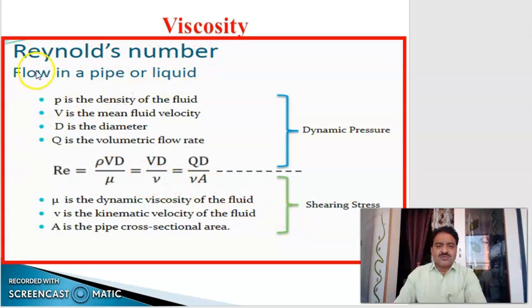Then Reynolds number, for flow in a pipe or liquid: rho is the density of the liquid, v is the mean fluid velocity, d is the diameter, Q stands for volumetric flow. Then Reynolds number is nothing but rho v d upon mu, where mu is the dynamic viscosity of the fluid, v is the kinematic velocity of the fluid, and A is the pipe's cross-sectional area, if the pipe is circular.